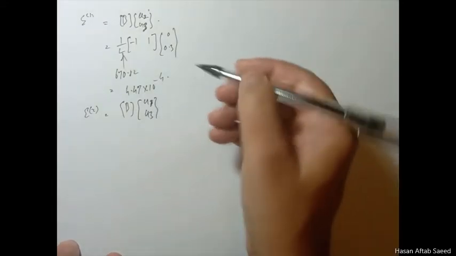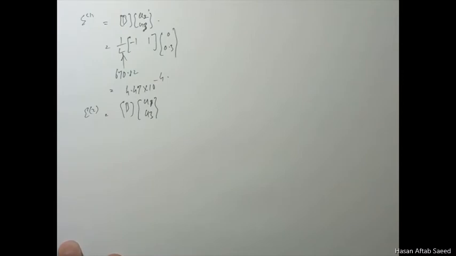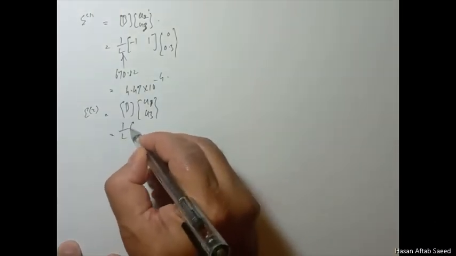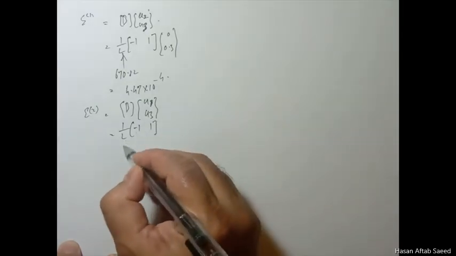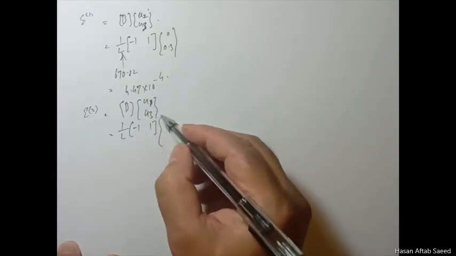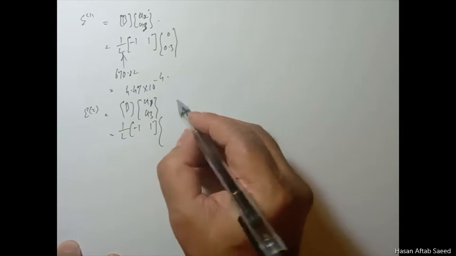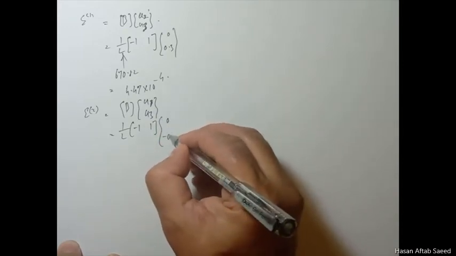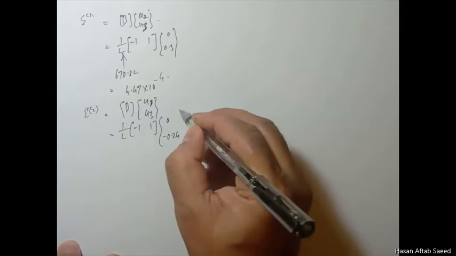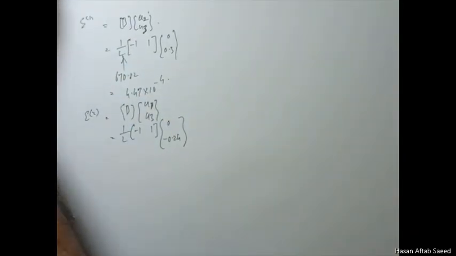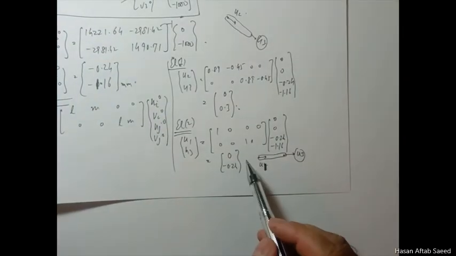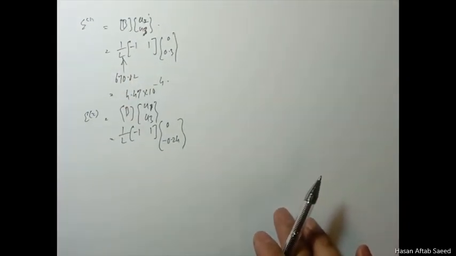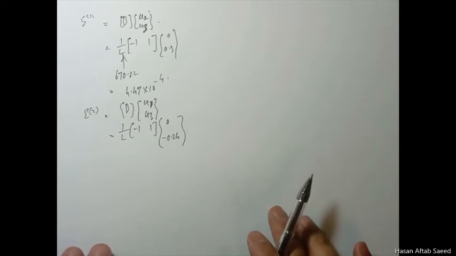Here we have the values 1 over L times minus 1, 1. B matrix is the same, except the length. Here you have u1 and u3, 0 and minus 0.24, so this is what you have here.